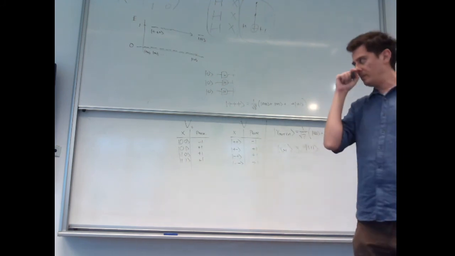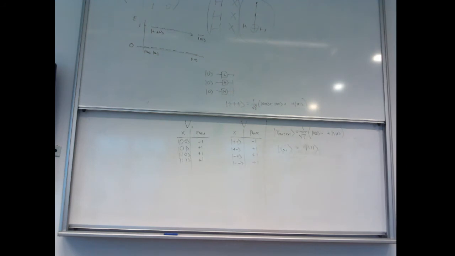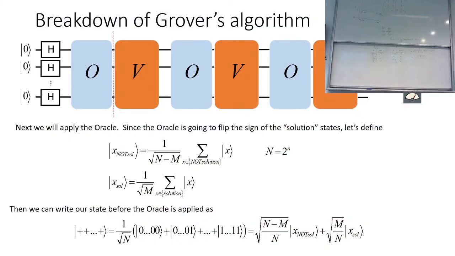If there's more than one solution, say 2 solutions, then we need to normalize, so it's 1 over square root of 2. And this is 7 because obviously there are 7 states, and we need to normalize it.